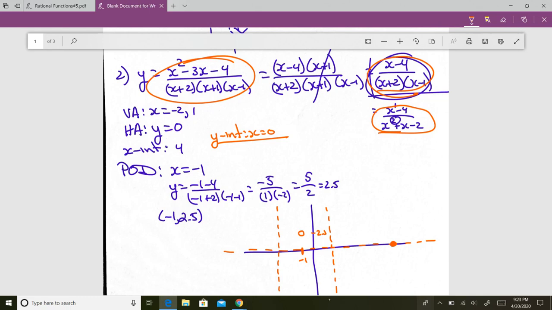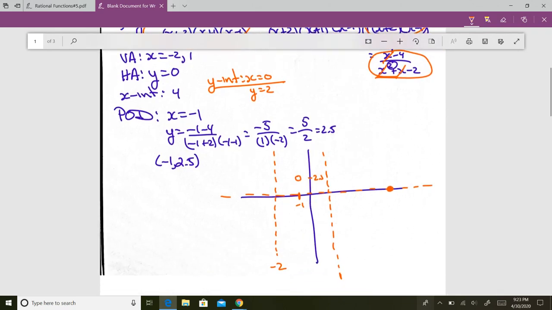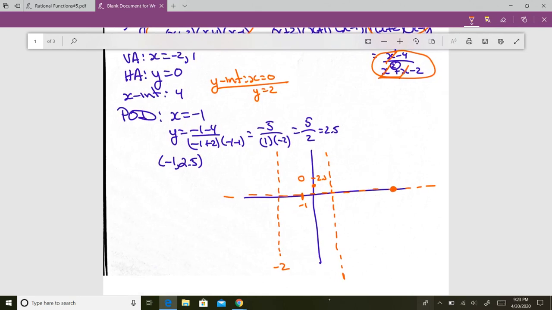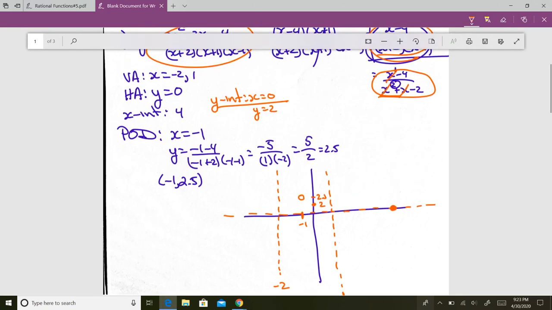That goes away, and that goes away, and that goes away. I'm left with negative 4 over negative 2, which is 2. The y-intercept is below that one at 2. Okay. So let's sketch this graph.